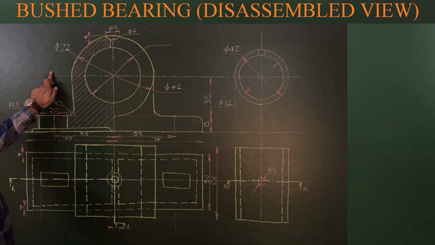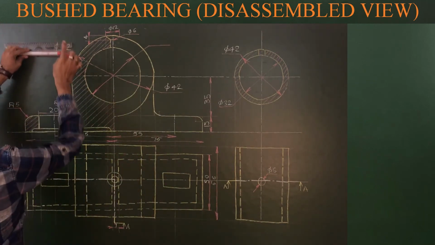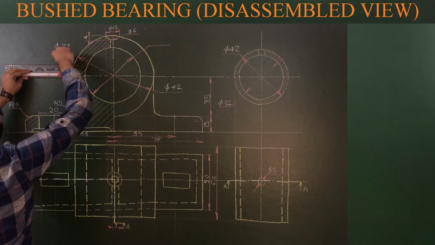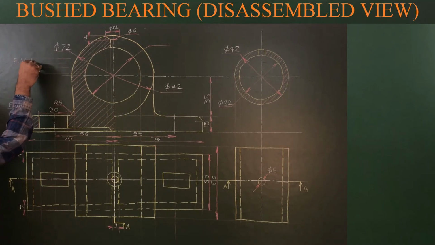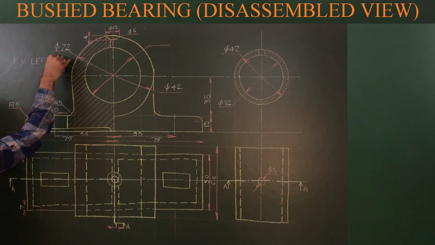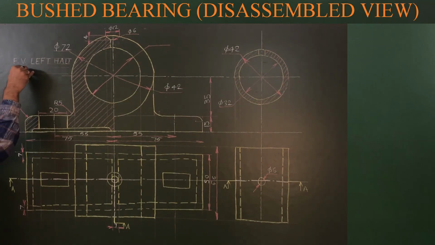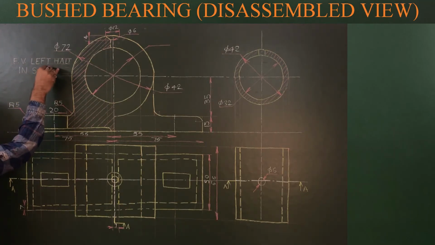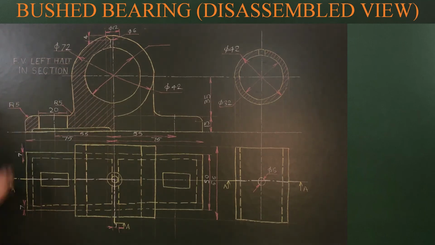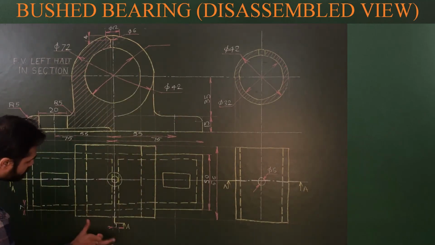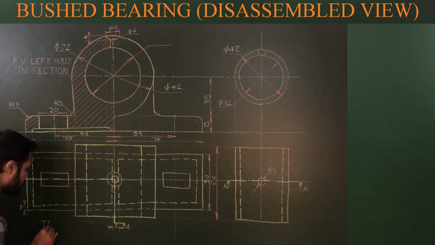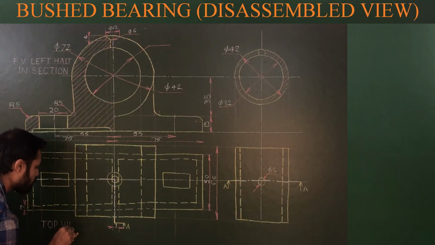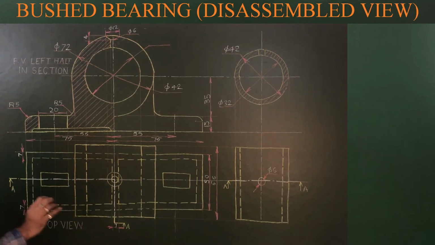After dimensioning, write the headings of the drawing. Front view, left half in section for the body, then top view for the body.